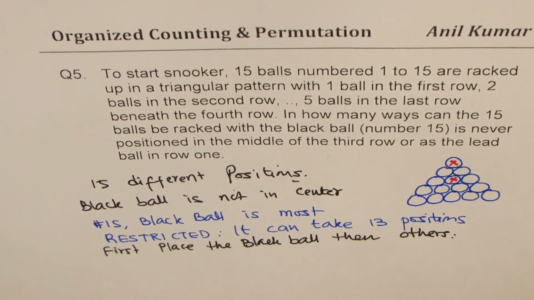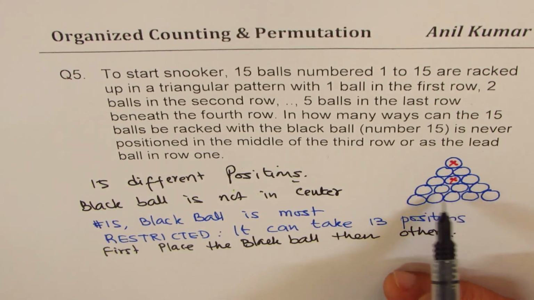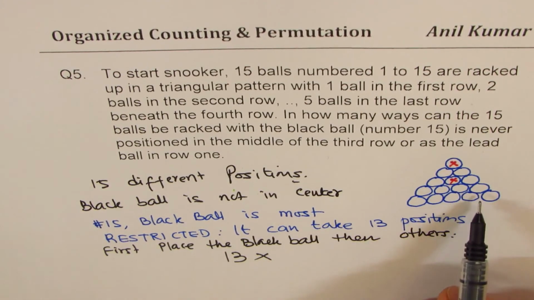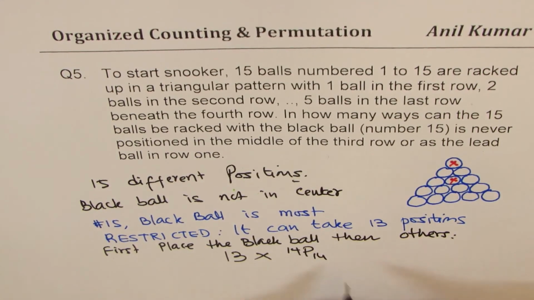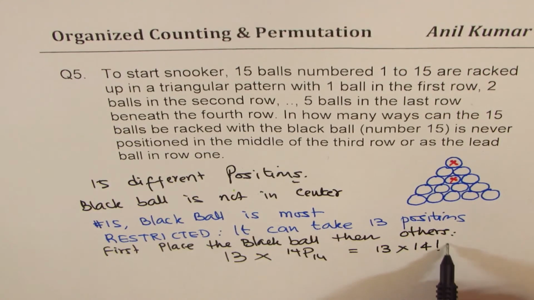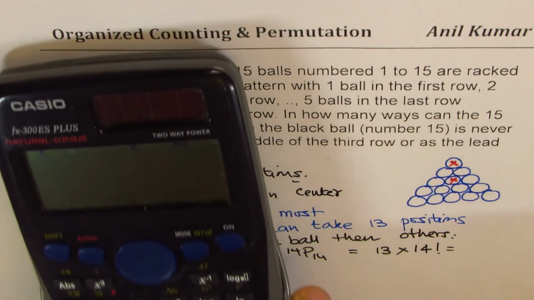So the idea is you can place the black ball in 13 positions, right? So we have 13 positions times the other 14 balls in 14 positions. So the answer is 13 times 14 factorial. Do you get an idea? So that is how we should be answering this question.